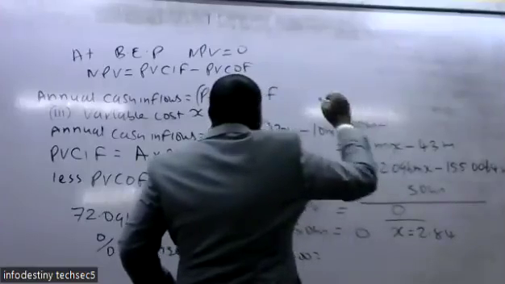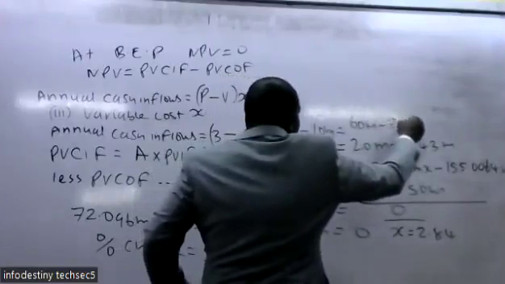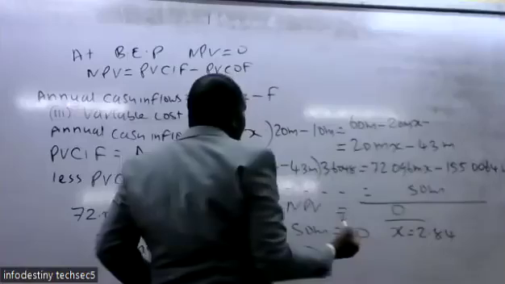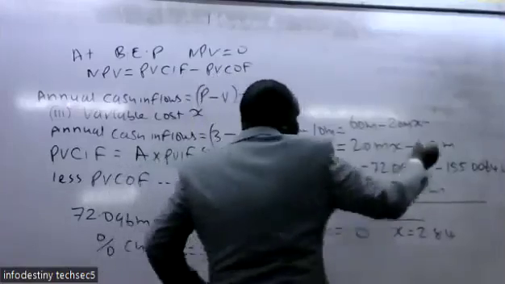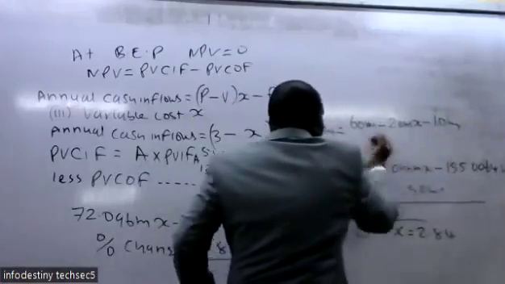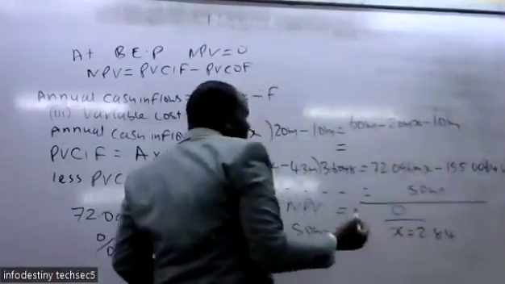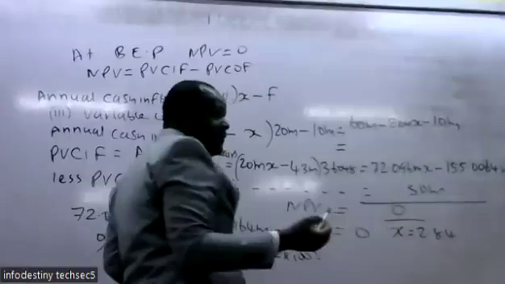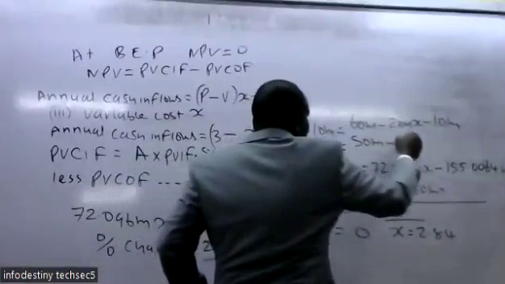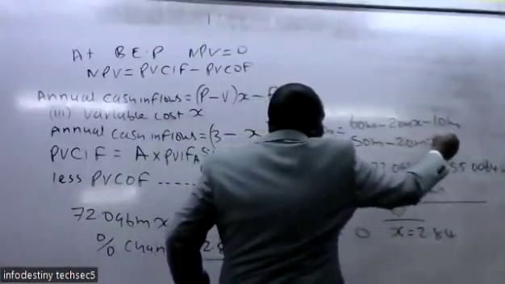We minus 20 million X. We also minus 10 million. So finally, it will be 60 million minus 10 million, which is 50 millions minus 20 million X.